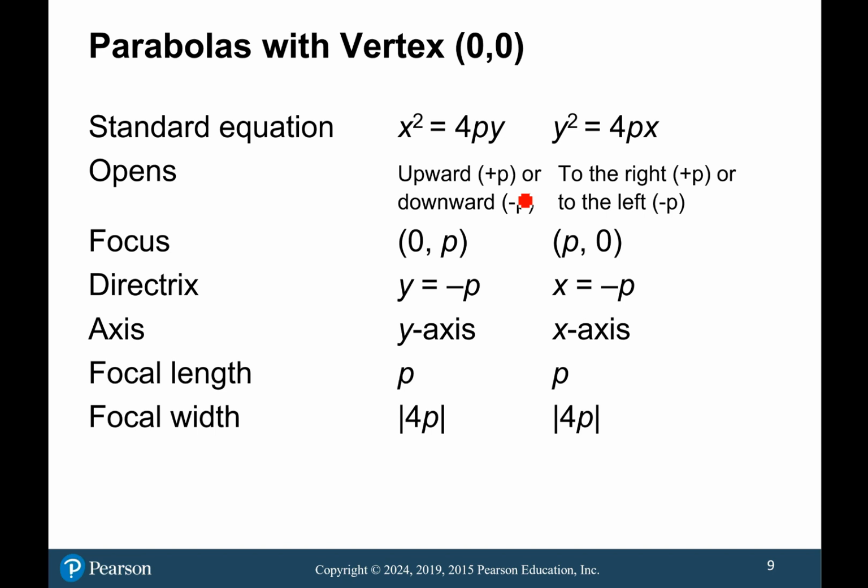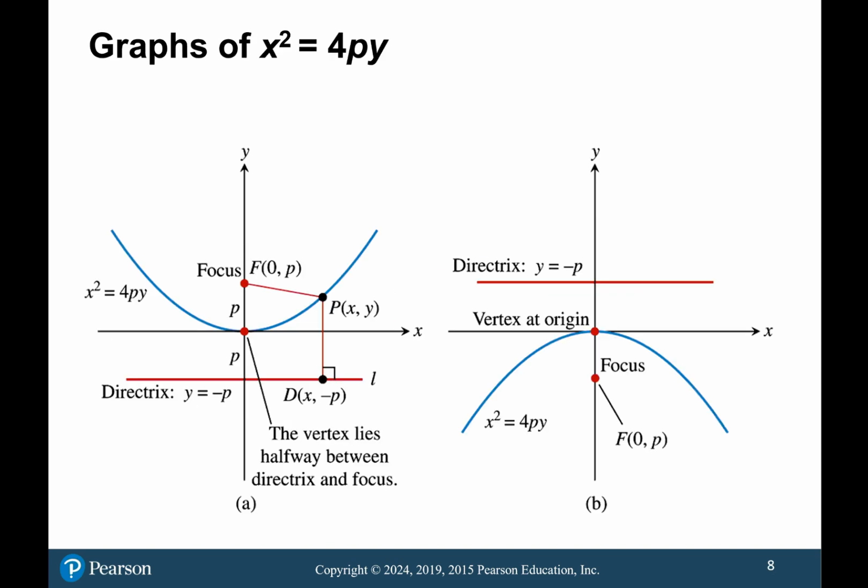If that value for p is negative, it's going to open down. The focus is going to be at the point 0, p. The directrix, again, here the directrix is a nice horizontal line. All horizontal lines have an equation of y equals some constant.